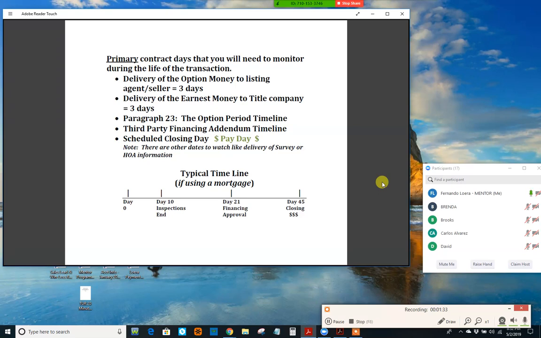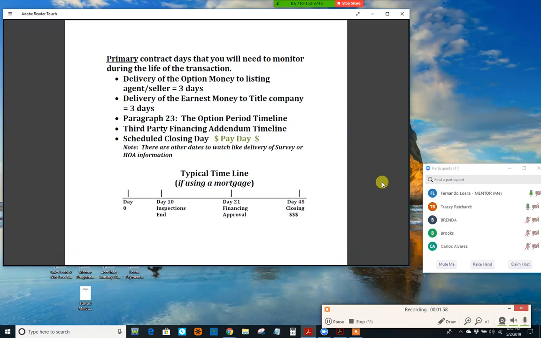One thing that, in my experience, I always try to do is envision the timeline, and this would be very helpful for you when you're managing and monitoring your transactions: keep track of the entire timeline of the transaction.